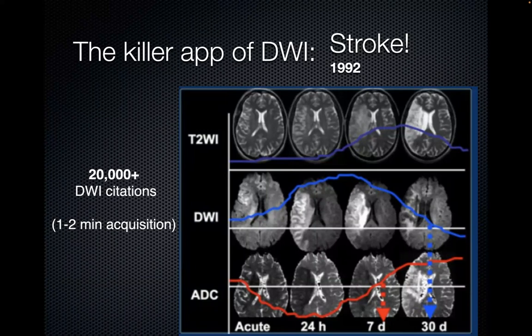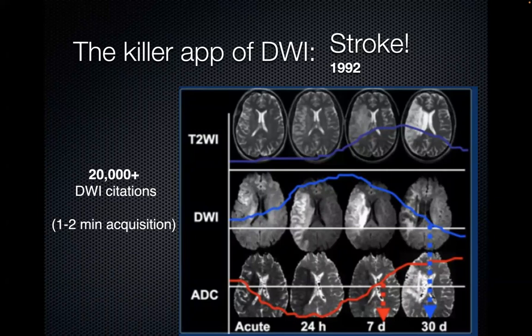This was the killer app for radiology. No modeling, no quantification. You just put somebody in the MRI for 2 minutes, you see the contrast, and you right away take different scenarios to treat them. This put diffusion on the map. This was invented by Denis Lebihan, who's now in France at Neurospin in Paris.